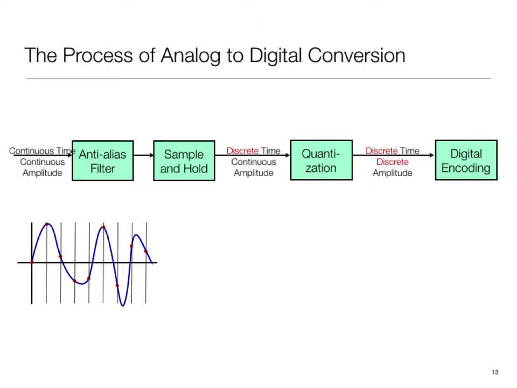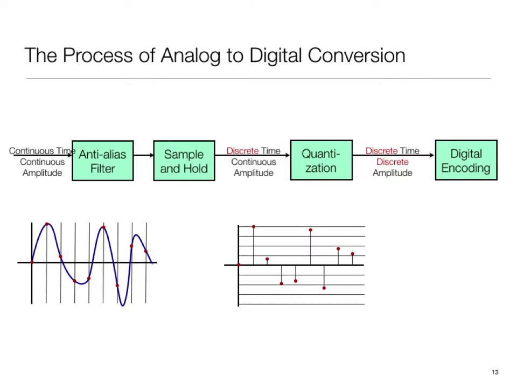Next you do a sample and hold operation, which basically results in getting the analog value at certain points in time. Basically some sort of a capacitor in which you store the charge corresponding to the amplitude of the signal. And then you do quantization of the samples. You take these samples and quantize them to one of some levels that you are willing to quantize to. And then finally you get the digital bit.